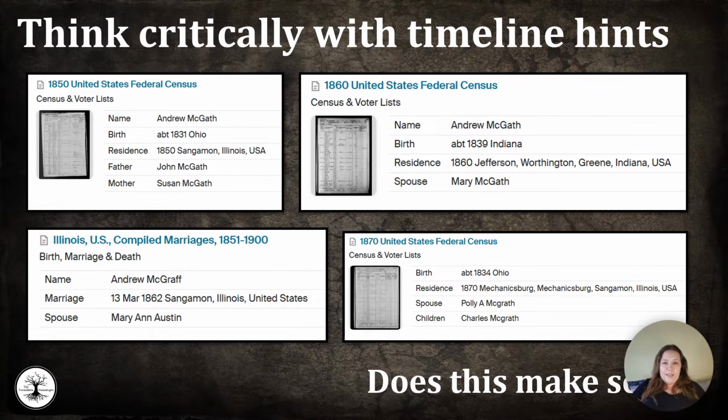So if we're looking at this example here, we've got Andrew McGath in Sangamon County, Illinois in 1850 and in 1870. And he also marries Mary Ann Austin in 1862 in that same county. So is that really him in 1860 in Indiana, already married to Mary? I don't think so, but every single tree automatically accepted that hint.